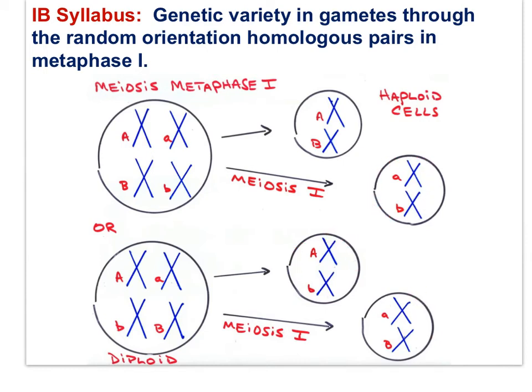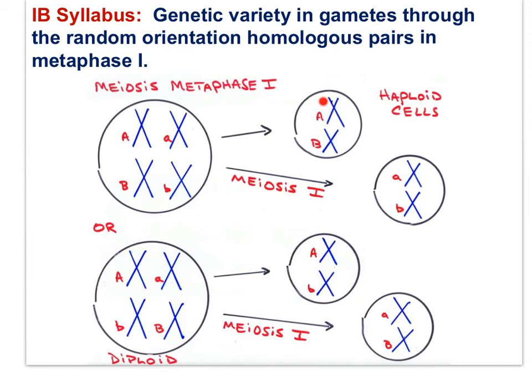Independent assortment is defined as the alleles on one chromosome pair assort to gametes independently of the alleles on a second chromosome pair. I know that sounds confusing, so one more time. The alleles on one chromosome pair assort to gametes independently of the alleles on a second chromosome pair.